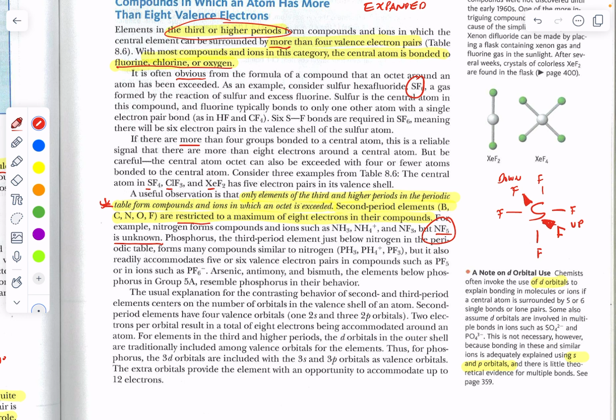Just because you can invent a formula doesn't mean a molecule like this exists. And sometimes it doesn't even mean you could synthesize this in the laboratory and force it to happen. And to my knowledge, no one's ever come up with NF5. Someone would have to have a lot of motivation to do that, either to see if it might have some interesting properties or just because they're curious.